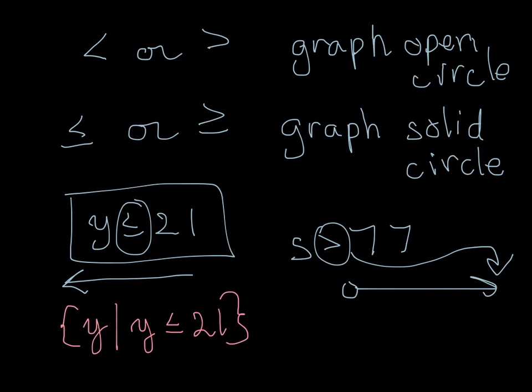Okay? And then same thing over here for s is greater than 77. I would simply put the variable s and then a line, and then I go ahead and put my solution. S is greater than 77. Okay? So the book does give all of its answers in set builder notation, so that's what we're going to do too. Make sure at the end that you put your answer in set builder notation.